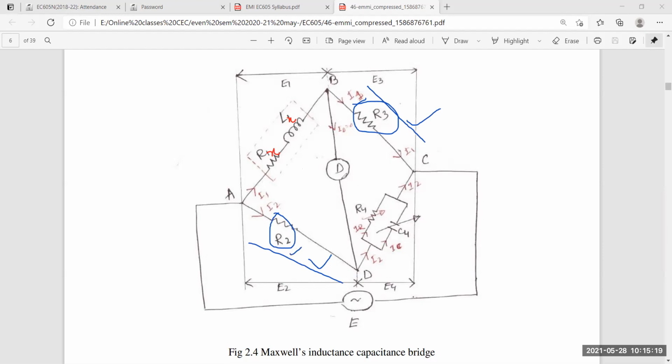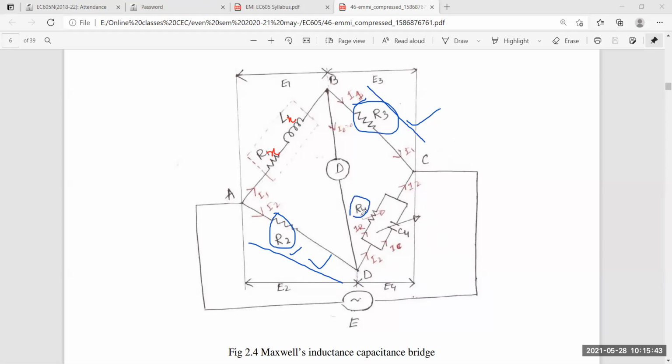Now come to one of the arms, that is AC. See here where C4 is connected: C4 is connected in the CD terminal. In the CD terminal, C4 is connected in parallel to a non-inductive resistance R4.